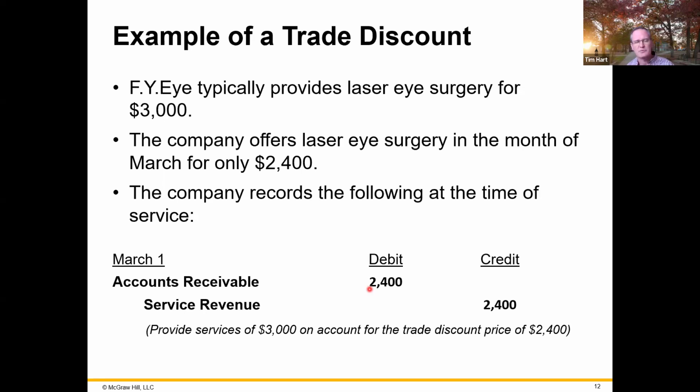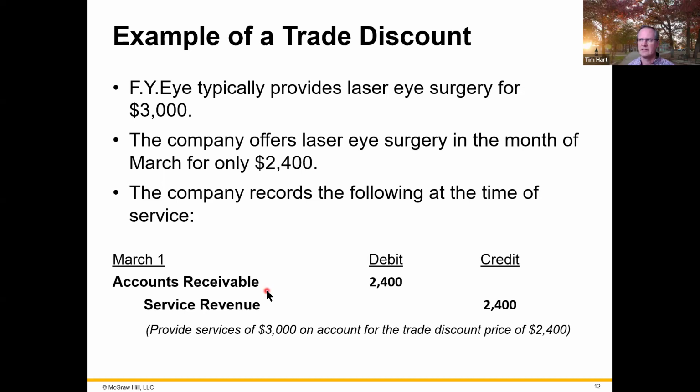The other three types we're looking at, returns and allowances, and other allowances, are after the sale, right? Those are contra accounts to the revenue. But a trade discount is a category by itself, reducing the amount of revenue that we're entitled to receive.